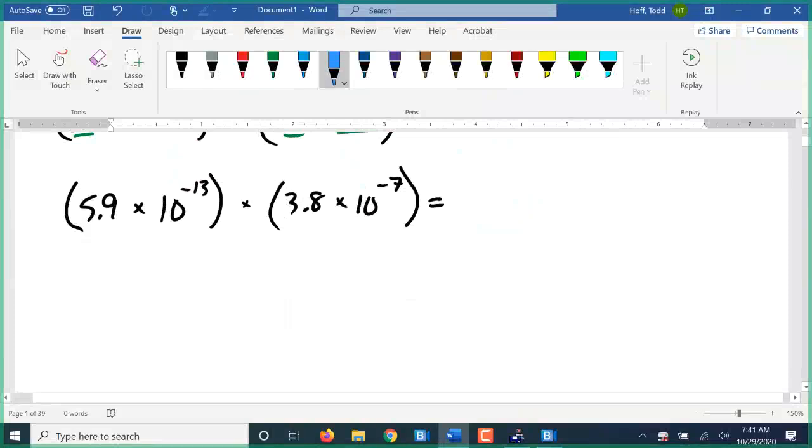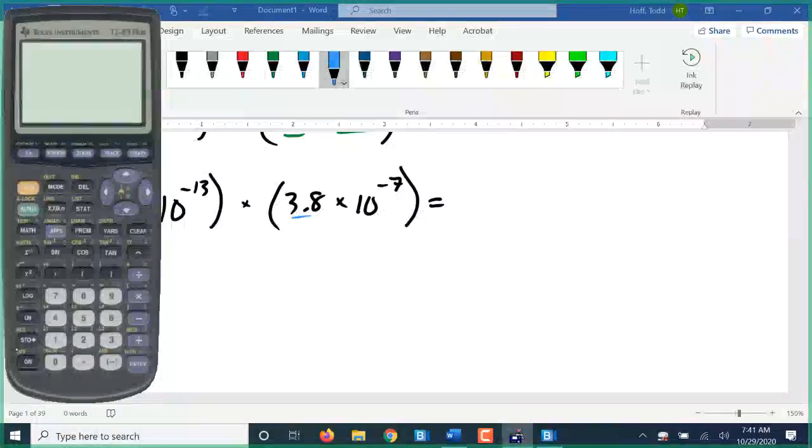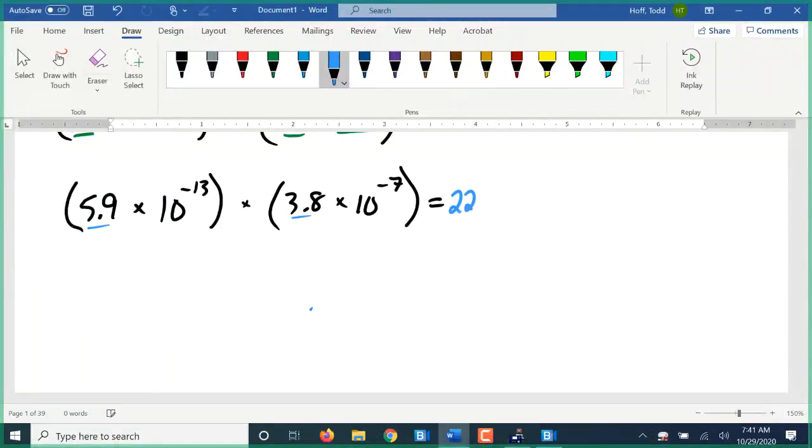Again, I'm going to combine counts. 5.9 times 3.8 is 22.42. Then I combine the names. 10 to the negative 13th times 10 to the negative 7th. I add powers. Negative 13 plus negative 7. That's 10 to the negative 20th.